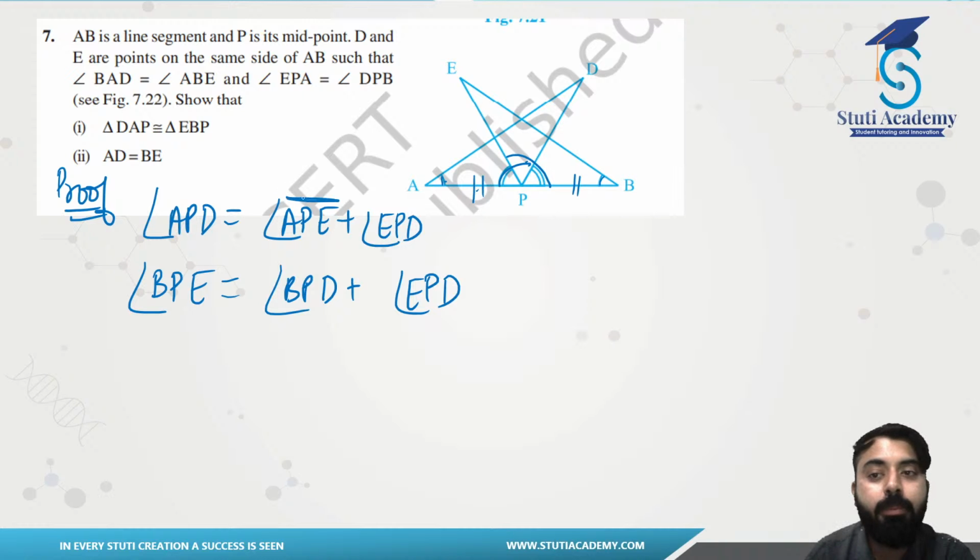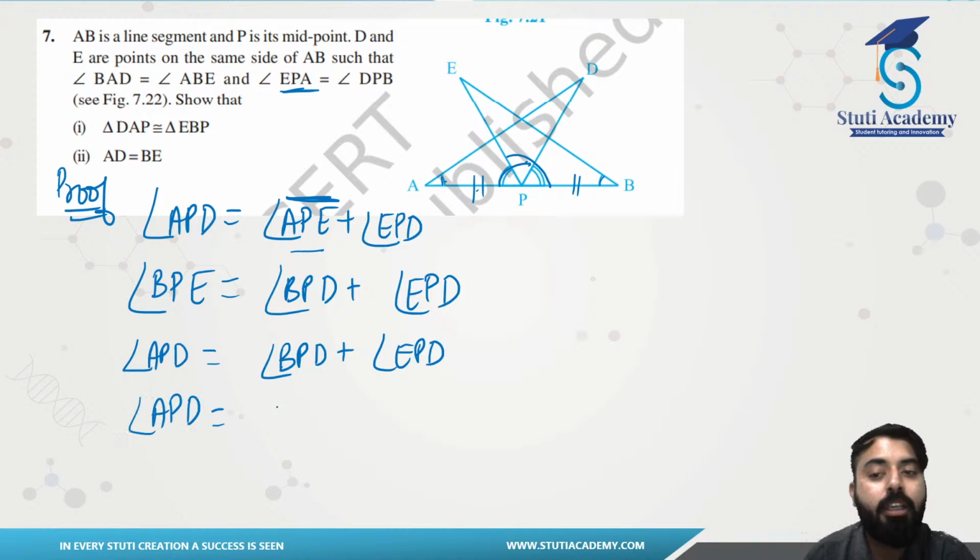And I know APE and DPB, both are the same. These two are equal, so you can easily say angle APD is equal to angle BPD plus angle EPD. And BPD and EPD gives you BPE, so angle APD is equal to angle BPE, both are equal. Now you just come to the solution.